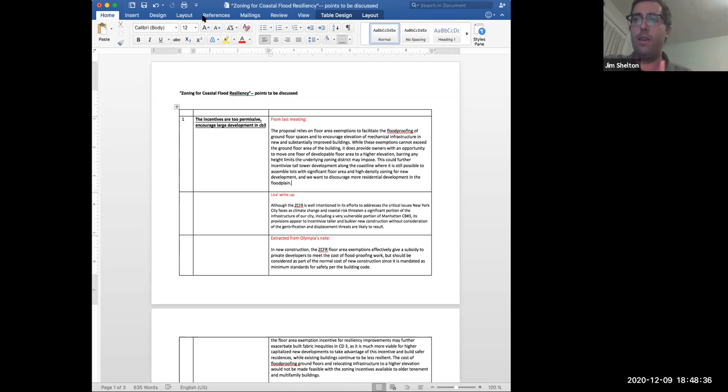I think that is the key incentive here, that it largely only encourages resiliency measures in new construction.